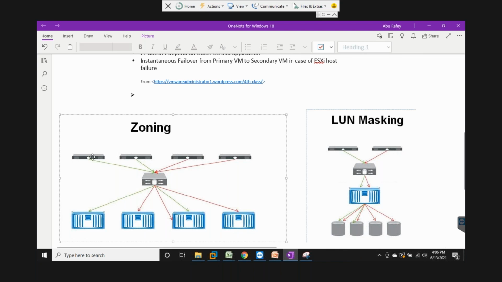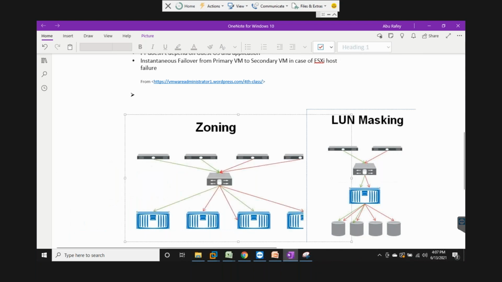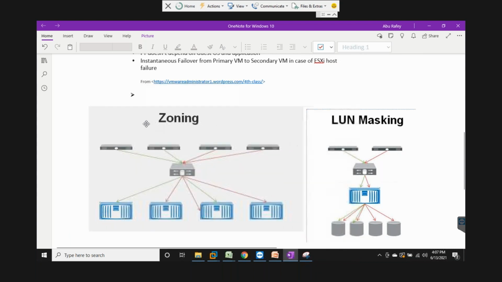Okay, your server 1 and server 2 can access storage device 1 and storage device number 3. Your server 3 and 4, which is in red color, could not connect to storage device number 2 and 3 and 4. So this is the story about zoning.